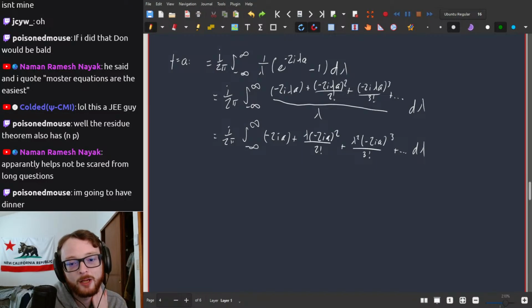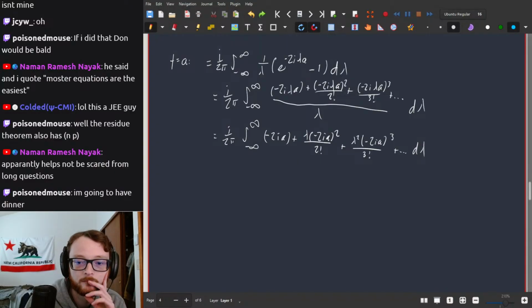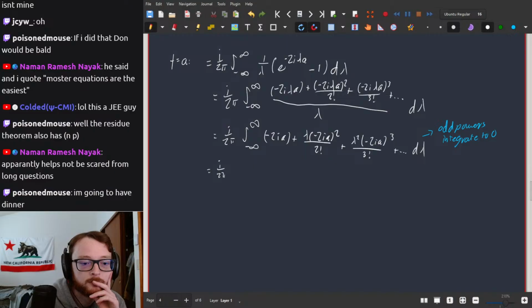So this, I think we can say all the odd powers integrate to 0. The even powers, I don't really know what to do with. Maybe we can write them as cosine or something though.